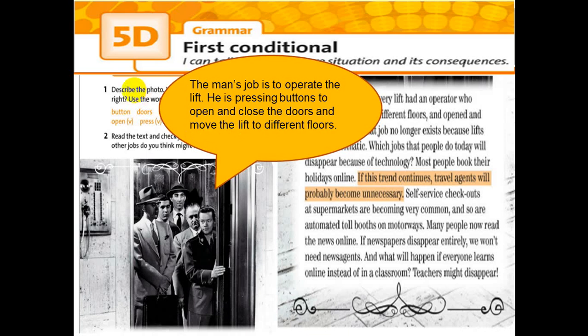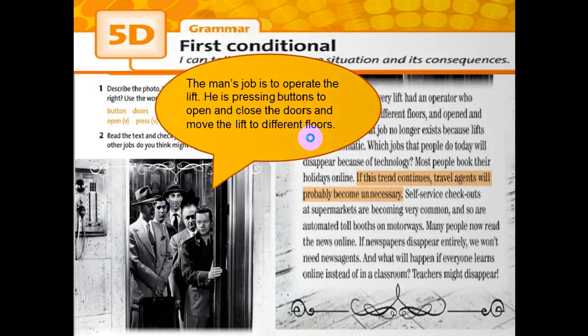So people here won't do it themselves. They have an operator ومهنته اسمها الoperator عامل المصعد. Operator's job is to push buttons of the lift and move people up and down to different floors. Okay.